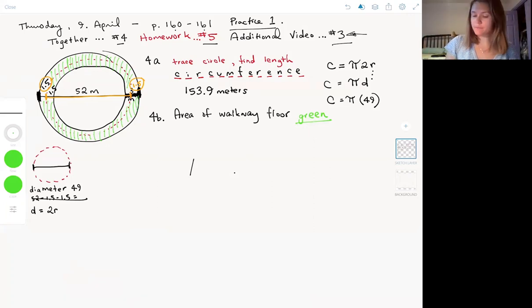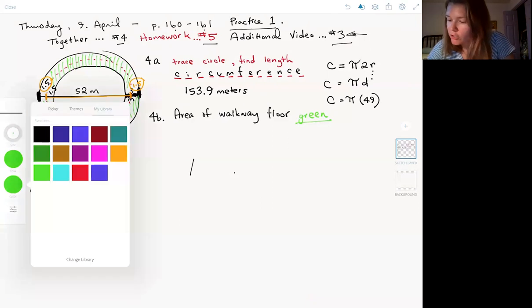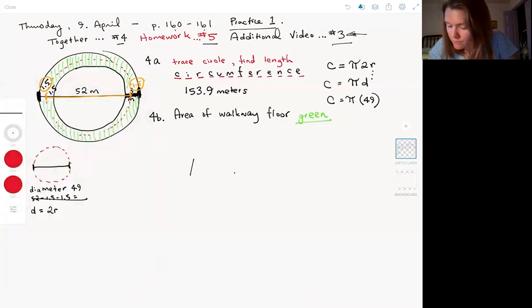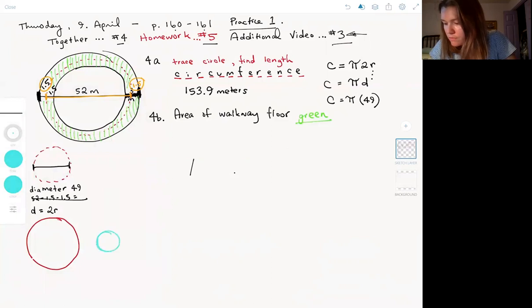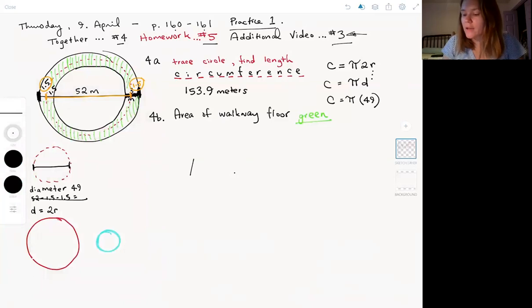How am I gonna do that? Well, I've got my large red circle, and I've got my small blue circle. I know that the diameter of this circle is 52, and I know that because it told me in the initial problem.